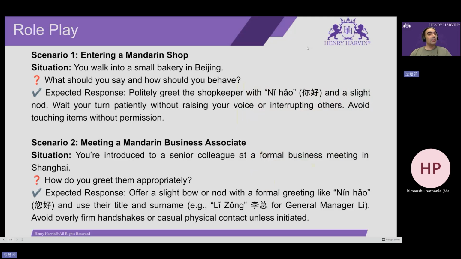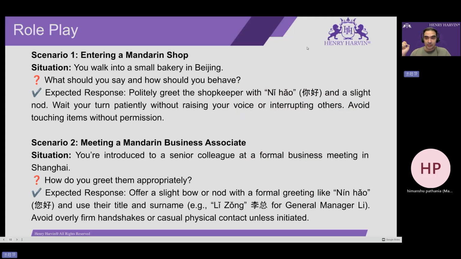And then we have the role play side of these aspects, or the expressions that we learned before. In scenario one, when you are entering a Mandarin shop, you are walking into a small bakery in Beijing. What should you say and how should you behave? These are very important aspects here.